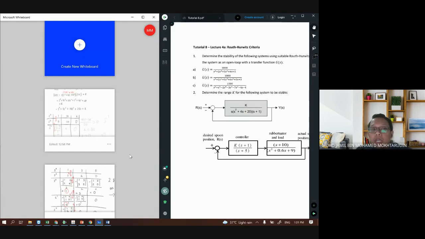Rasanya link yang saya bagi tu ada ajar, tapi mungkin student tu tak percaya dengan link tu. Okay, so macam steady state error tadi, cuba keluarkan value tu dari graph. Just indicate, okay?